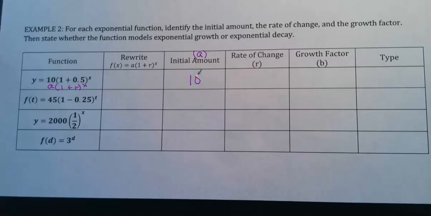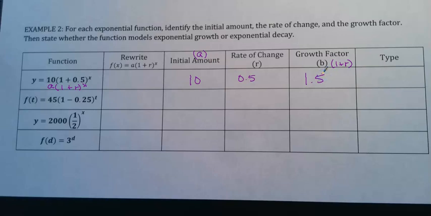What is our rate of change? Good, it's the 0.5. All right, how about our growth factor? Our growth factor is that whole b, if you recall, right? So that is the quantity 1 plus r is that. So this growth factor here is 1.5.